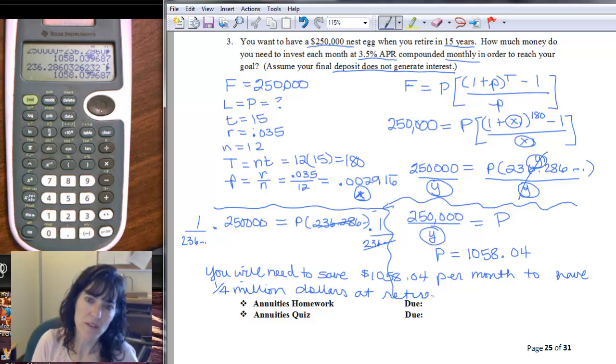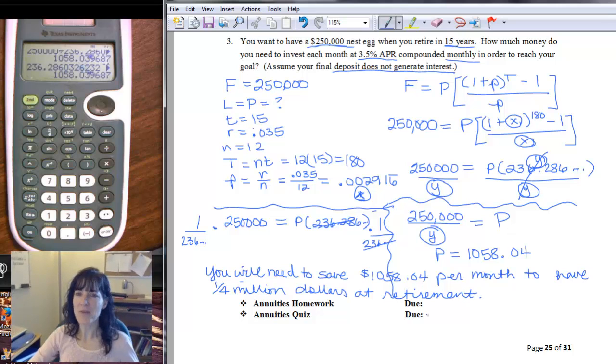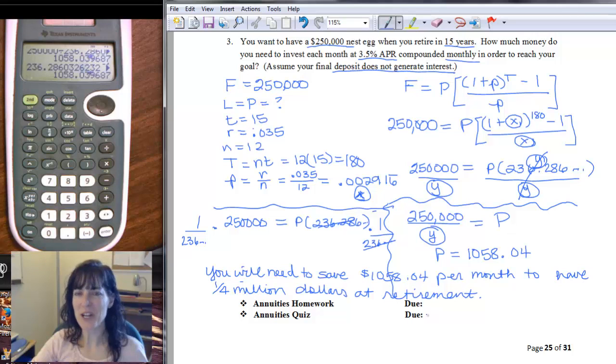So there you are. If you don't have very much time, you don't have much time for that money to compound and build up and build up. So it takes a bigger deposit every month to get there.